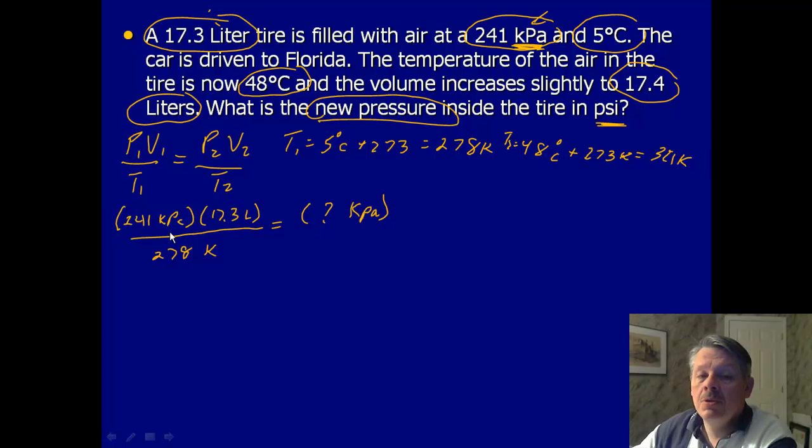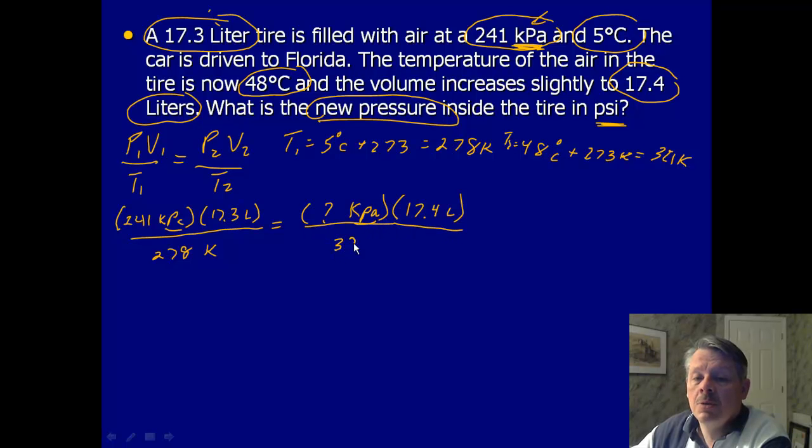Again, my units must be consistent from here to here. It doesn't matter what they are, so long as they're consistent, just like we were doing with Boyle's, Charles's and Gay-Lussac's law. And our new volume is 17.4 liters. And our temperature, that's changed significantly. That's gone up to 321 Kelvin.